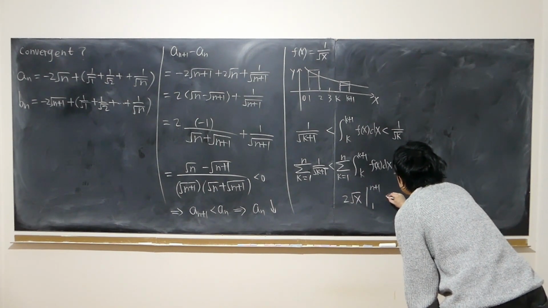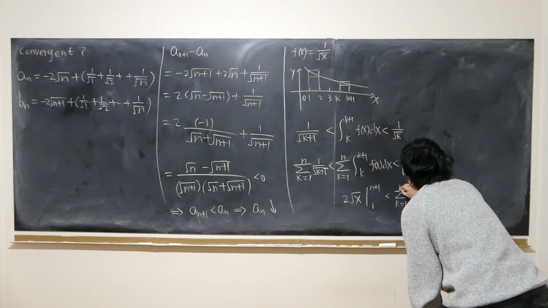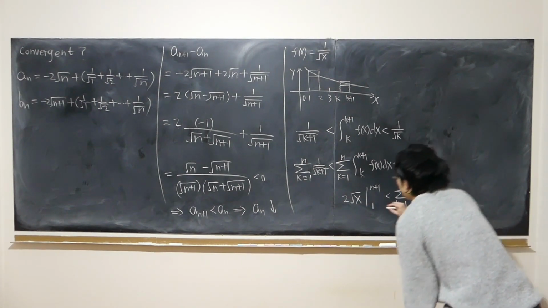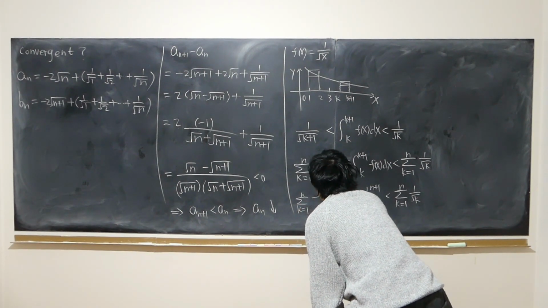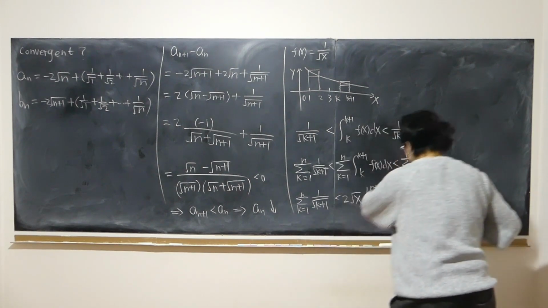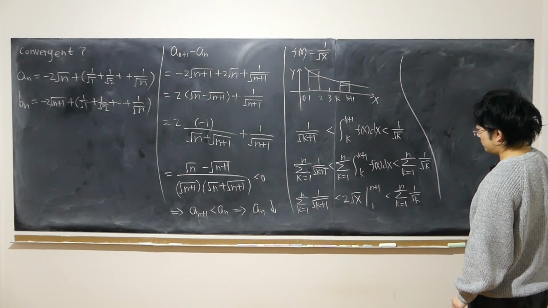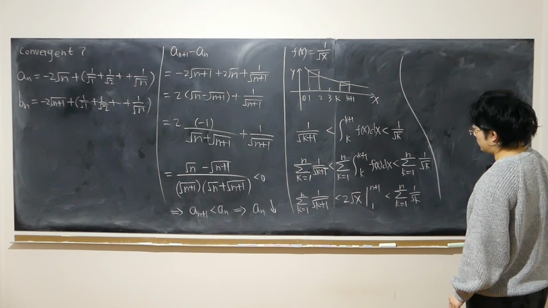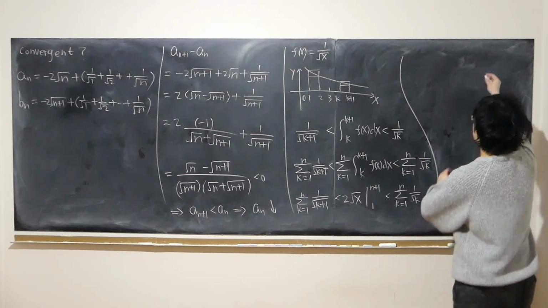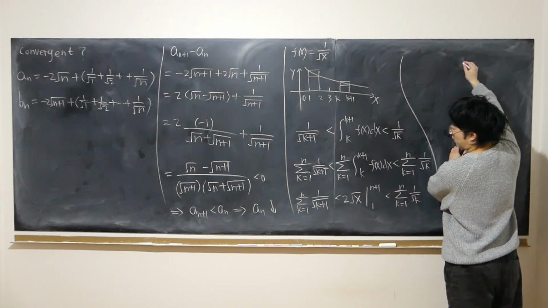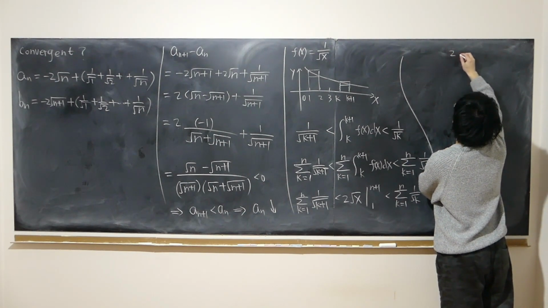So that is less than sigma from 1 to n of 1 over square root of k, and bigger than the sigma from 1 to n of 1 over square root of k plus 1, right? Then what's the middle? So I should have twice of square root of n plus 1 minus 2.